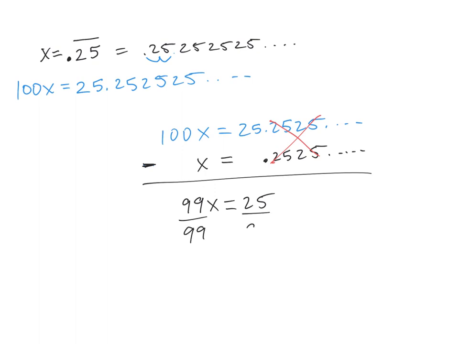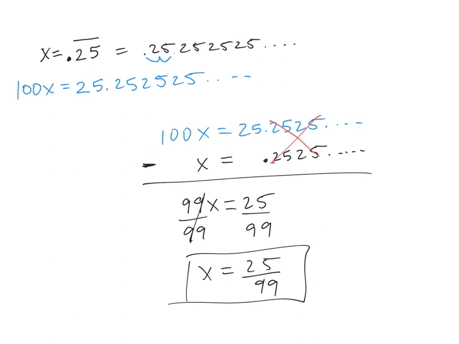Divide by 99, and x is equal to 25 over 99, and I don't believe we could simplify that. So if you want to know what is 0.25 repeating, it is 25 over 99. And that's how it works.